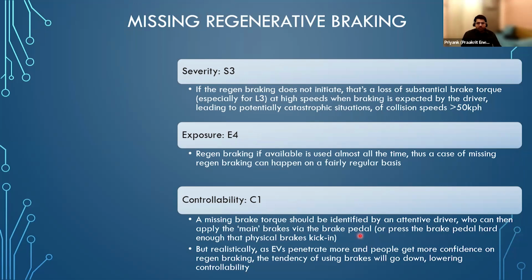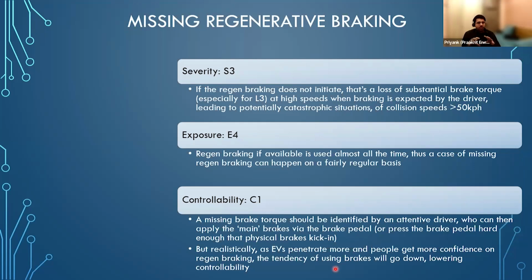But from a purely realistic and conservative standpoint, EVs are getting a lot more common, and assuming a day when all cars are EVs and everyone is driving an EV using regen braking all the time, it is possible that when people get more confident with regen braking, they sometimes even forget to use the brakes. And when I say forget, I mean it takes a bit longer for them to even remember that they can put the main brakes on.